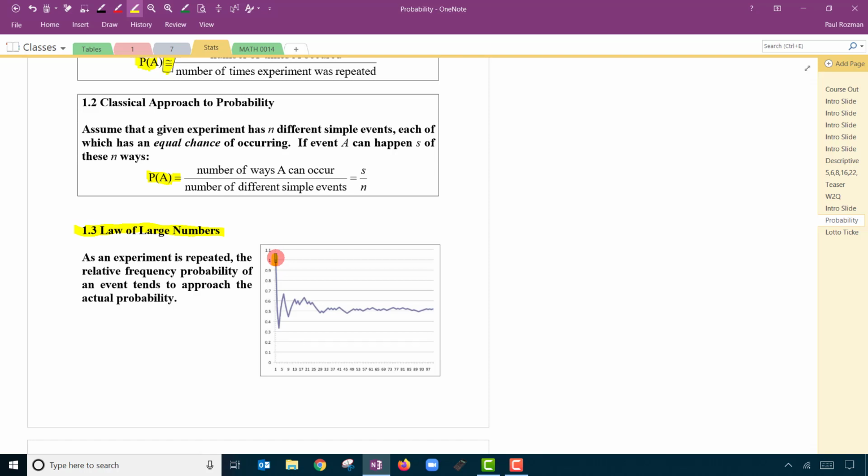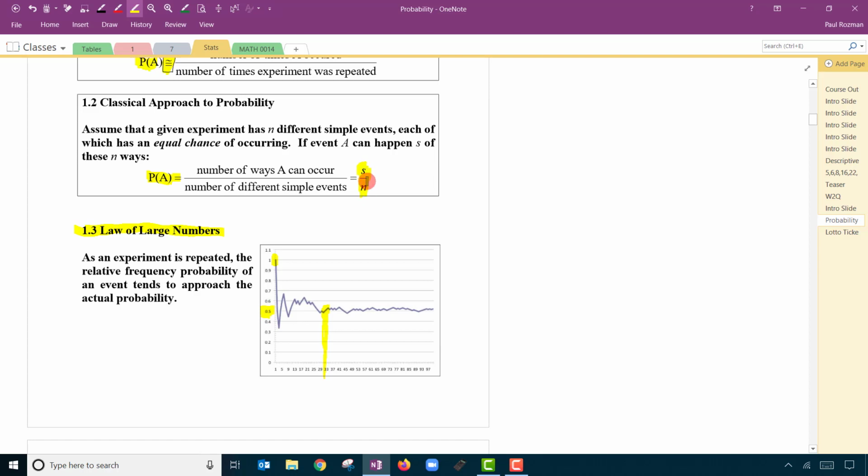I flipped it one time and I was successful that one time. But as I continue flipping the coin, by the time I have flipped the coin, say 30 times, you can see that we're getting pretty close to the actual probability of getting heads, which we know is 0.5, because we could calculate that using the classical version.